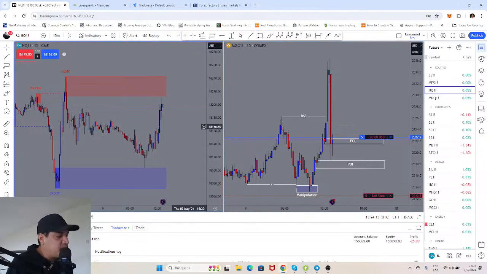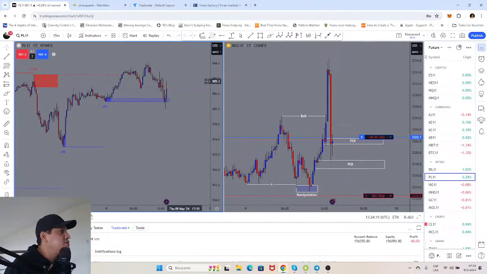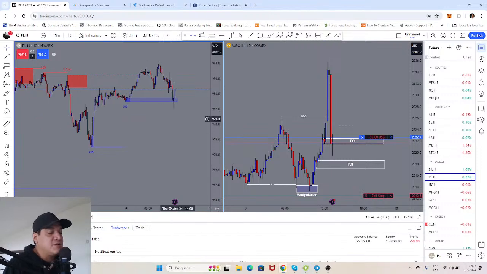Yeah, and that's the thing. Spread is a bitch, but here the spread is not a bitch. Platinum futures, the spread is, I don't know if you can see it, but it's 3 ticks. The other thing is that it's only day trading, right? You cannot hold trades overnight with this.